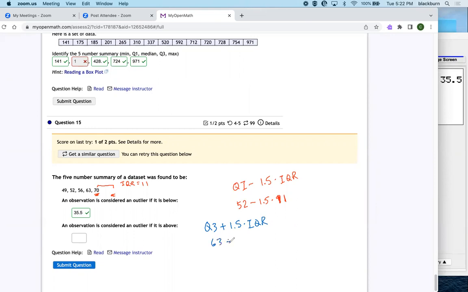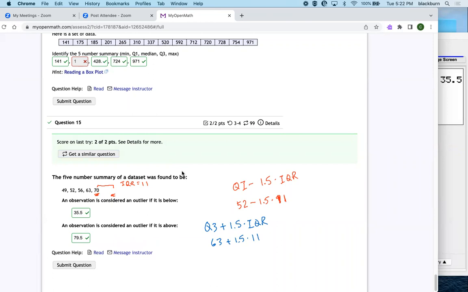In other words, an atypical data value. So I think that's going to be 68.5 if I'm not mistaken. Let's see how good my mental math is. Not very good. Oh, 1.5 times 11, 79.5. Holy smokes. Here we go. I did 63 plus half of 11. Okay.